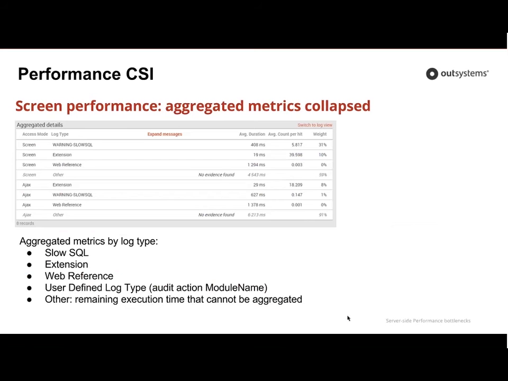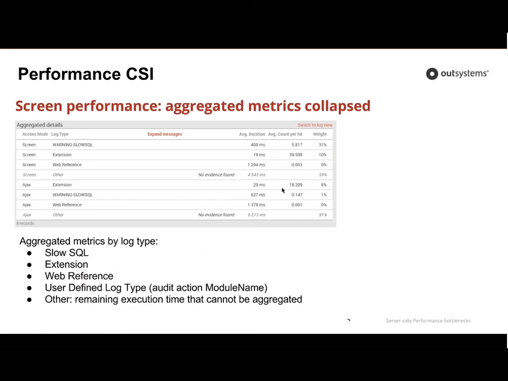The aggregates, it's what we described previously, slow SQL, the extensions and the web reference, and also the user-defined log type. This is the feature that we have to add a drill down into the no evidence found package.